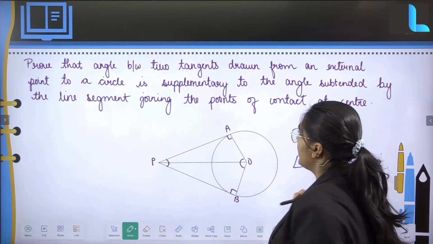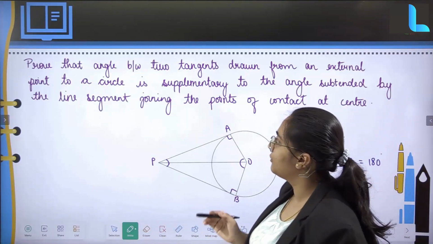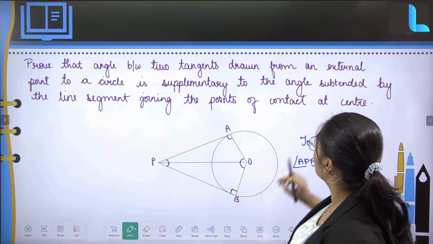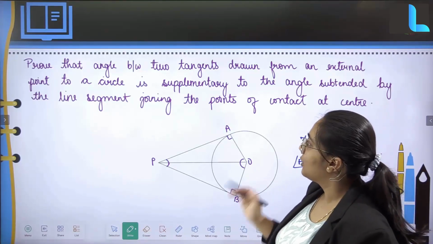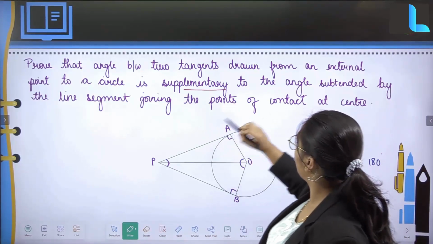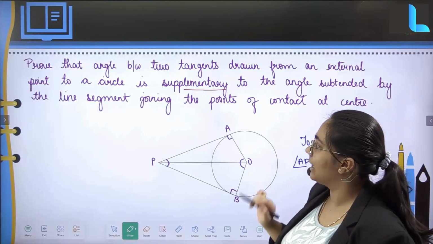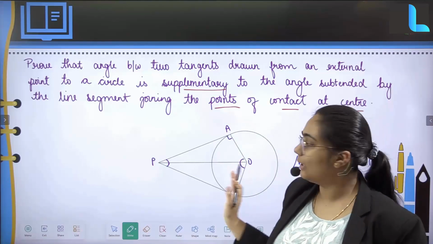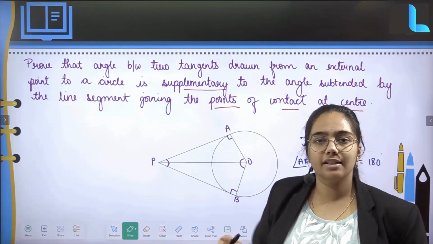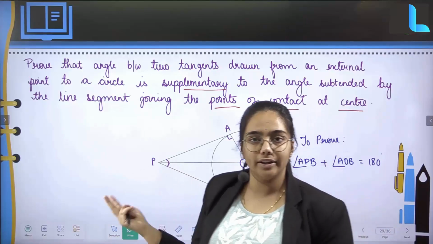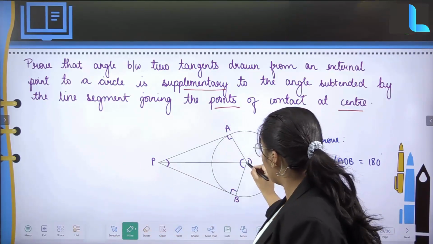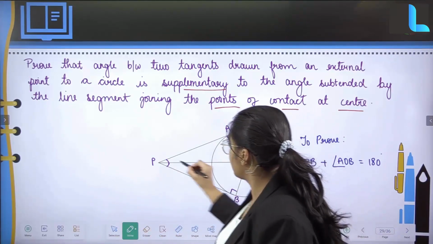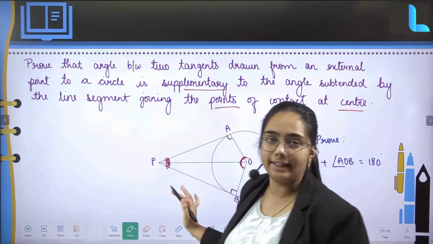Right. Next question: you have to prove that the angle between two tangents drawn from an external point to a circle is supplementary to the angle subtended by the segment joining the points of contact at the center. Basically, what is the whole question about? We saw question number 1 wherein we solved it in 2 ways, wherein this angle plus this angle has to be equal to 180 degrees.